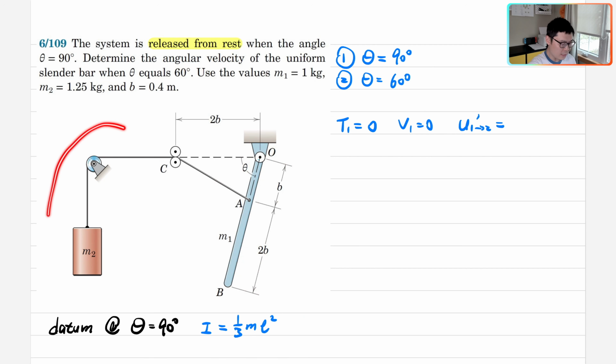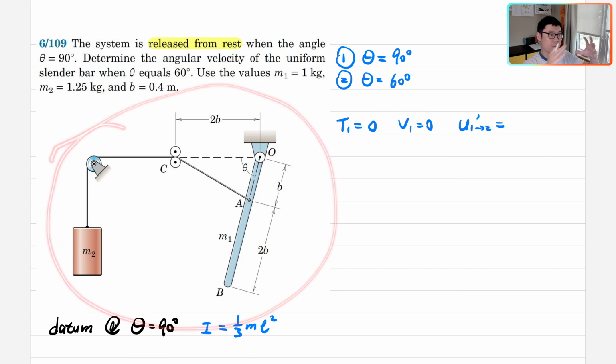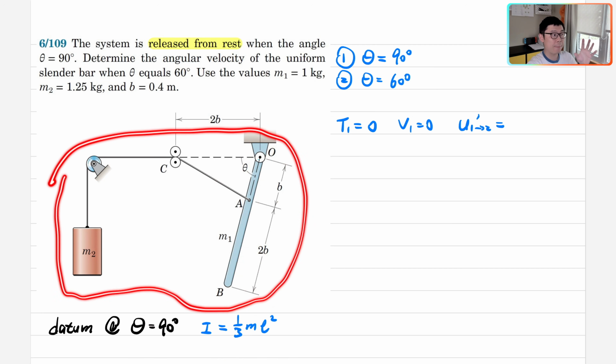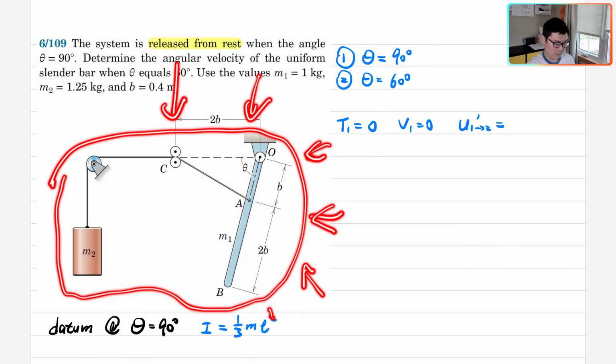Remember, we're looking at the overall system. So if I draw a boundary here, this is your boundary. Everything happened within this boundary. Is there any external force applied to this boundary or to this entire system? No. Right? None of them exist.